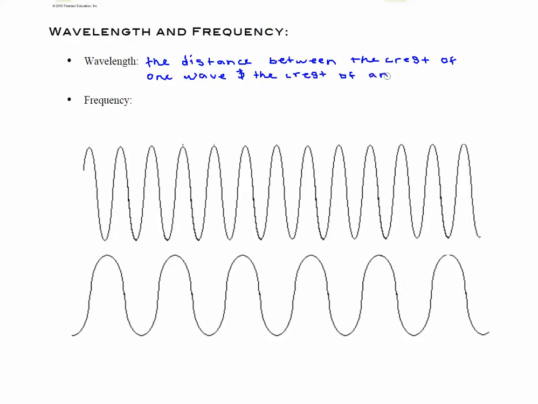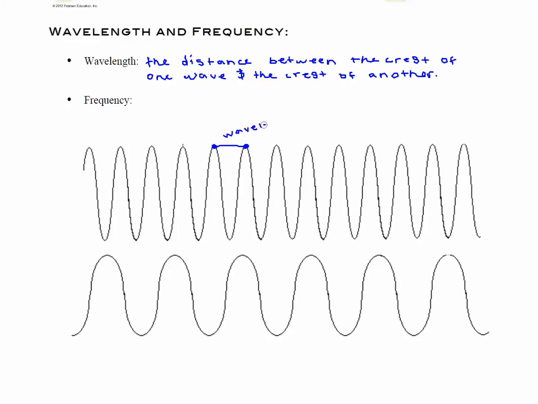All right. Now, there's one more thing that I'm going to add in a second, but I want you to see this first to understand what I'm about to tell you. So the wavelength, if I look at these two different waves right here, I've got a crest right here, that's the top part of a wave, and I've got the crest of another wave right here. And so this distance, if I were to measure it, that would be my wavelength.